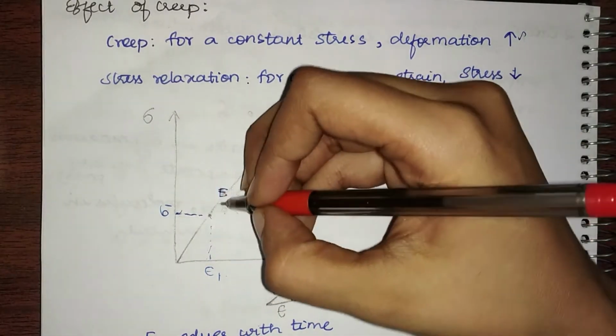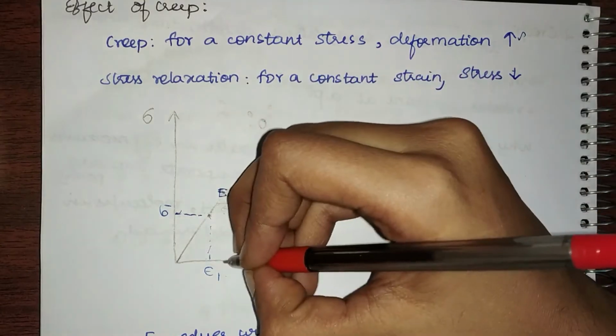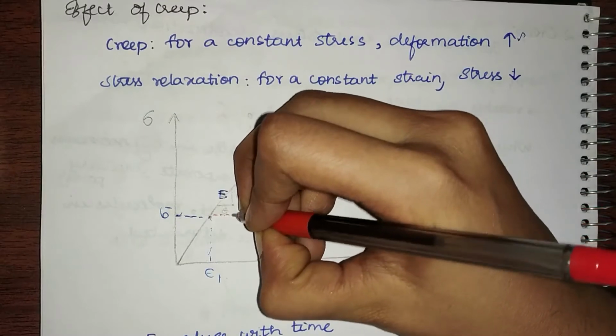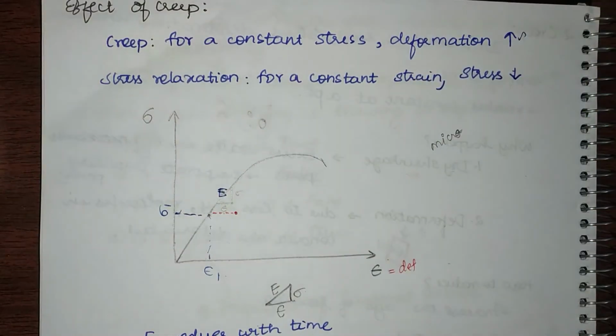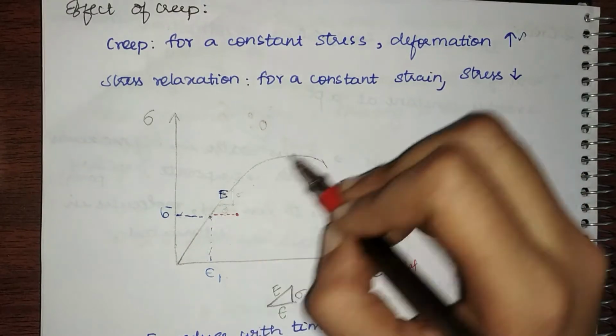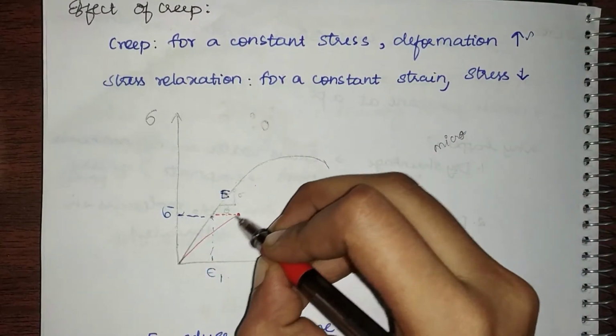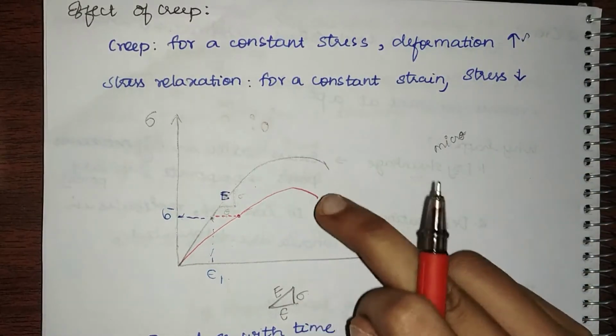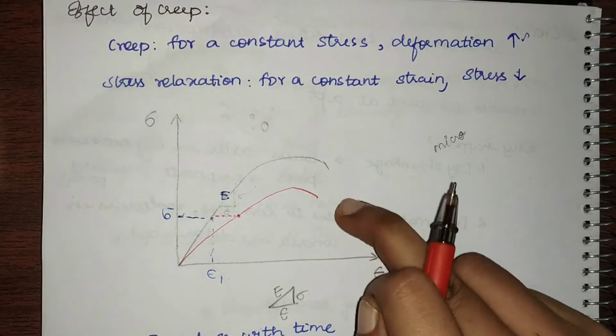So for the constant stress, my deformation increases, which means my strain is increasing. So for this stress it must be here, for this stress it must be here. On plotting that, I will get a curve that is lower than this curve. This is the reality curve after a certain period of time.